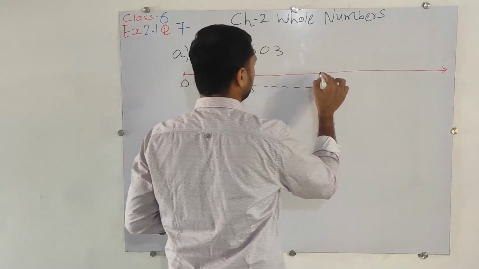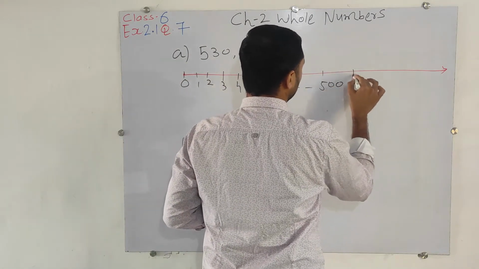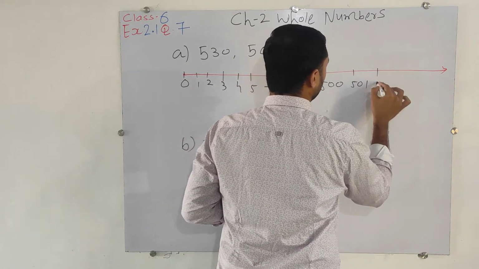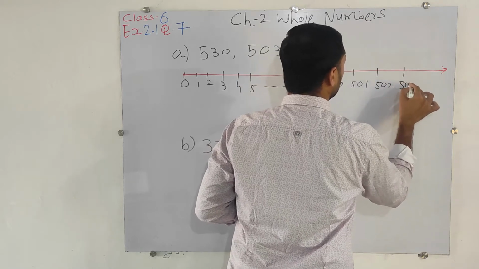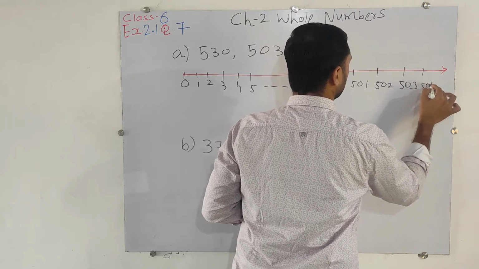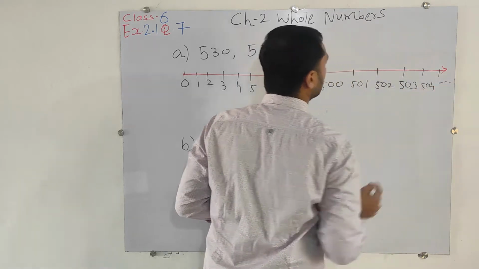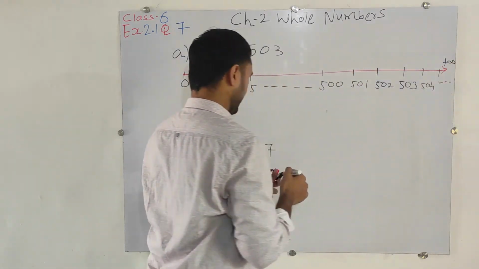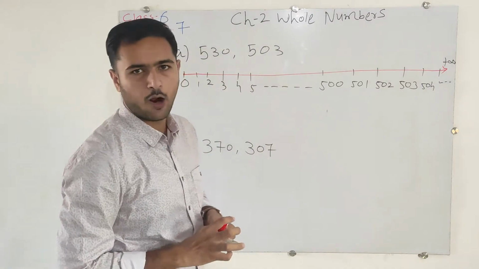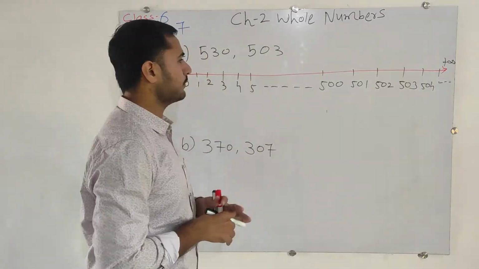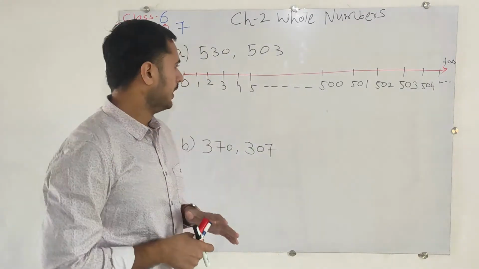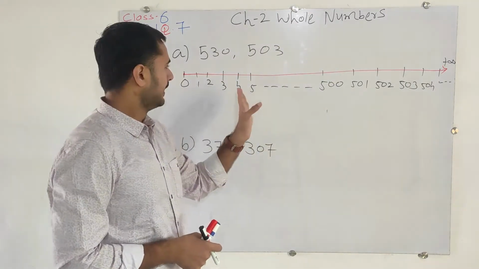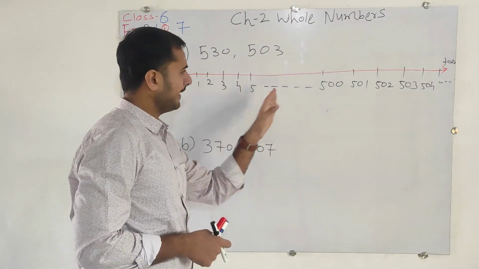Let's start with 500 now. Suppose 500, then 501, 502, 503, 504, and so on, till plus infinity. And this is how we can represent the whole numbers on the number line. Now this line connects 5 and 500.